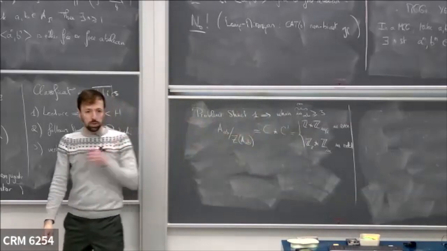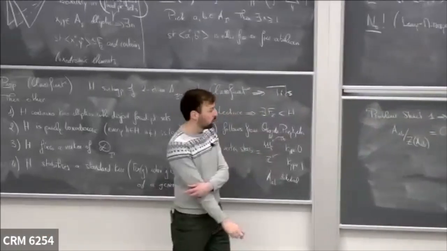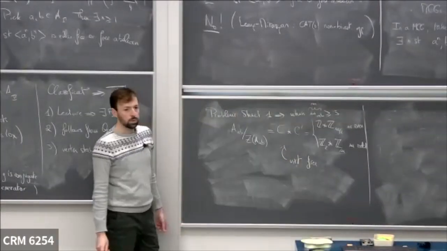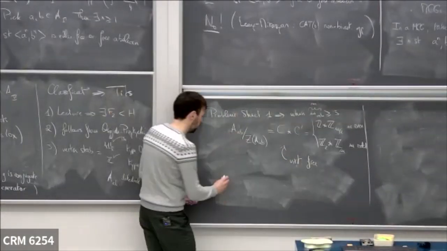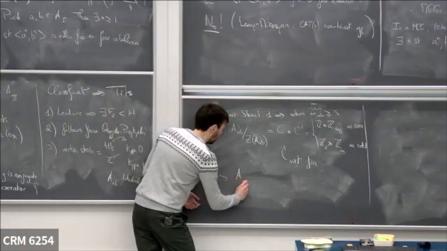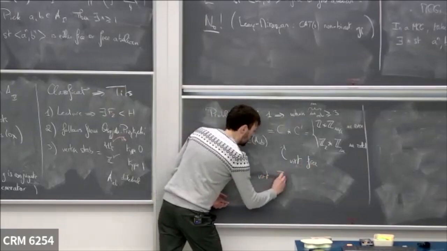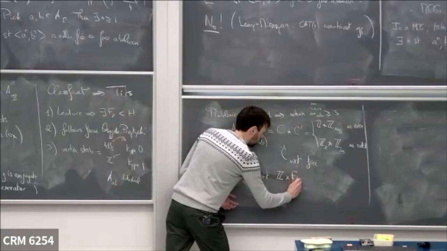So it's a free product of 2 cyclic groups. So in particular, this thing here is virtually free, which, with a bit of abstract algebra, tells us that my dihedral Artin group is virtually Z cross free.